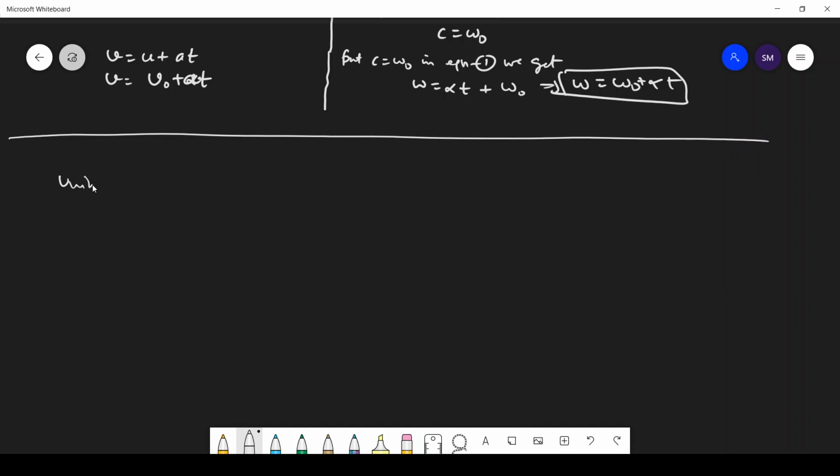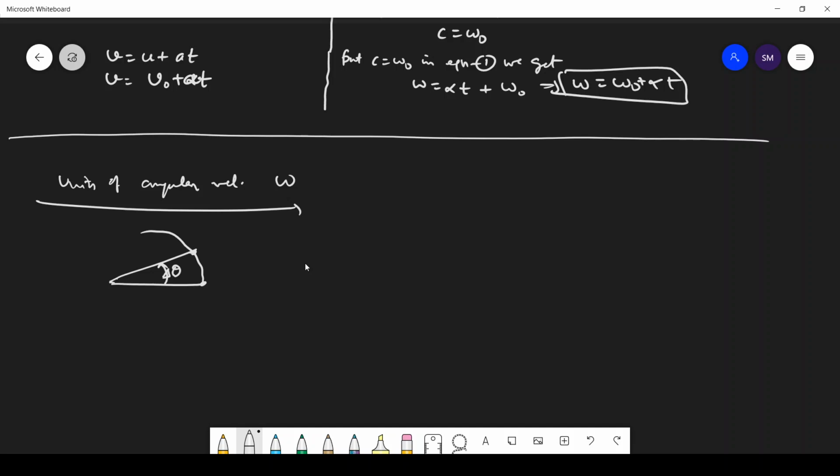So units of angular velocity. Now like this angle theta, the body is rotating, the particle is rotating in the circle, and this is the displacement, suppose delta theta.